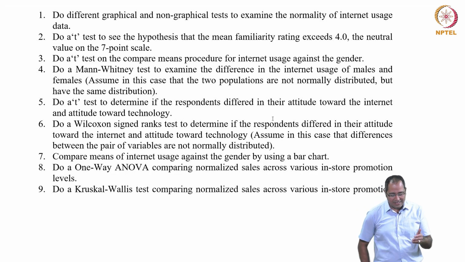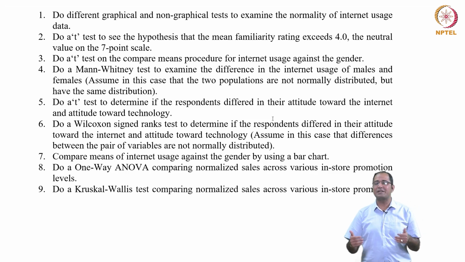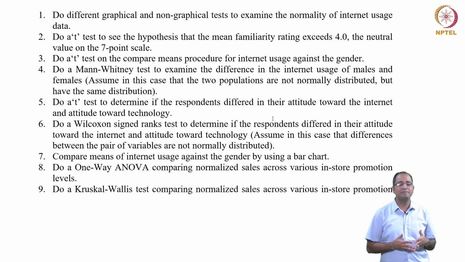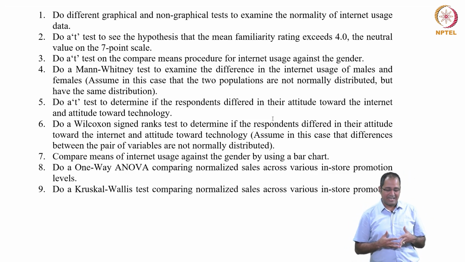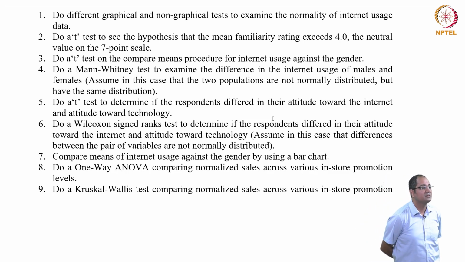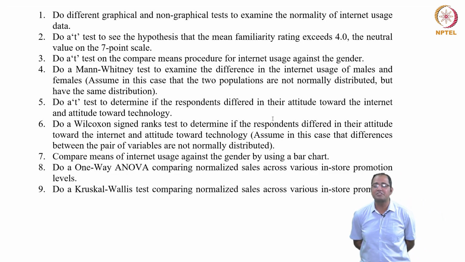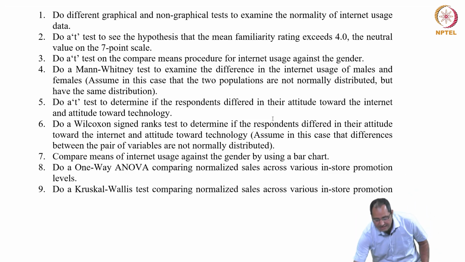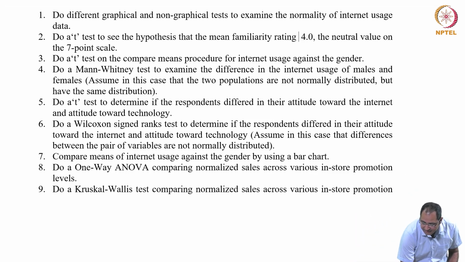Now the second one is do a t-test to see the hypothesis whether the mean familiarity rating exceeds 4. Let me simplify it. The mean familiarity rating is equal to 4. What will be your null hypothesis? Let me make it even simpler.